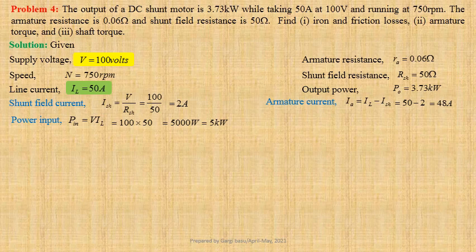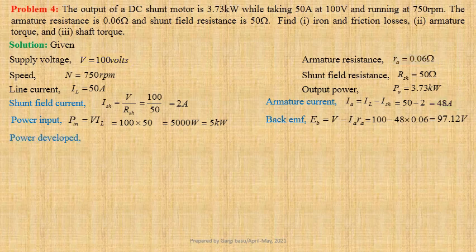Neglecting brush contact voltage drops, we get the expression for back EMF EB equals V minus IA times RA. Using values, we get 100 minus 48 into 0.06, that is equal to 97.12 volts.